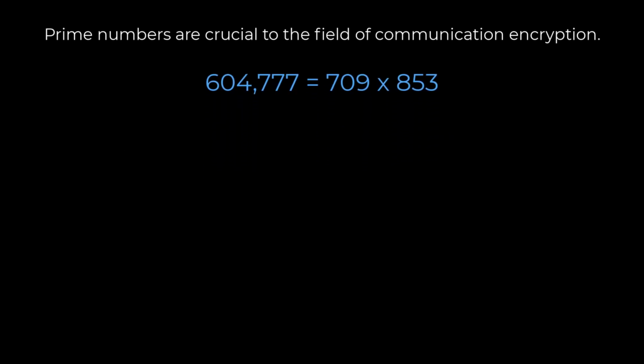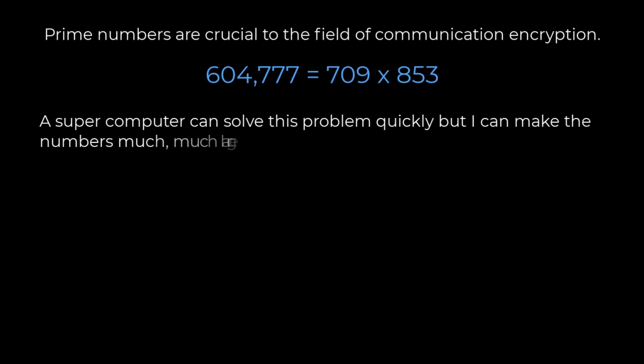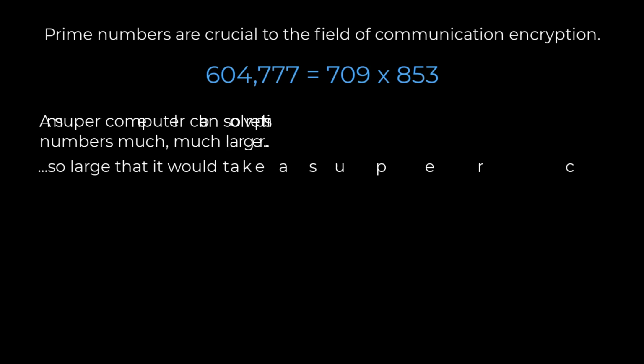It would take a supercomputer a good deal less time, but I can pick a number which is much, much larger. I can choose one that is so large that it would take the fastest supercomputer years, decades, or even millennia to come up with a prime factor pair.